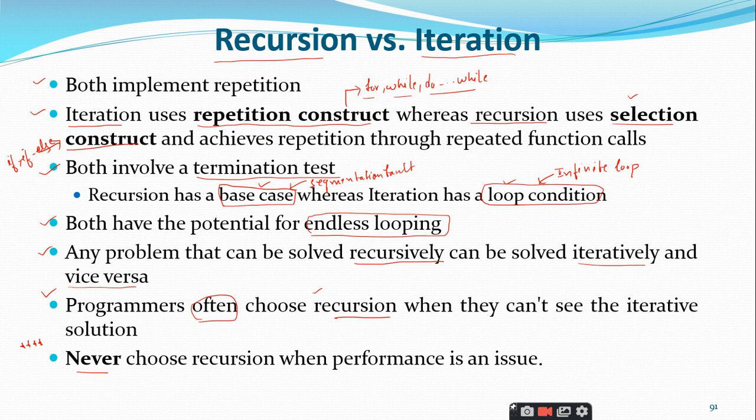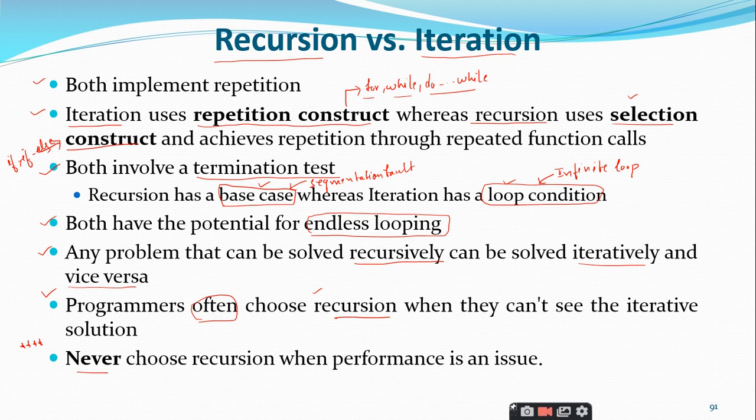So whatever 5 steps we discussed in the previous slide: storing the values into the stack, jumping the control from the calling function to the called function, executing the called function, returning the control from the called function to the calling function, retrieving all the values from the stack. These 5 steps are combined together and termed the overhead of the function call. Since this overhead is involved in recursion, never ever choose recursion if performance is a criterion.